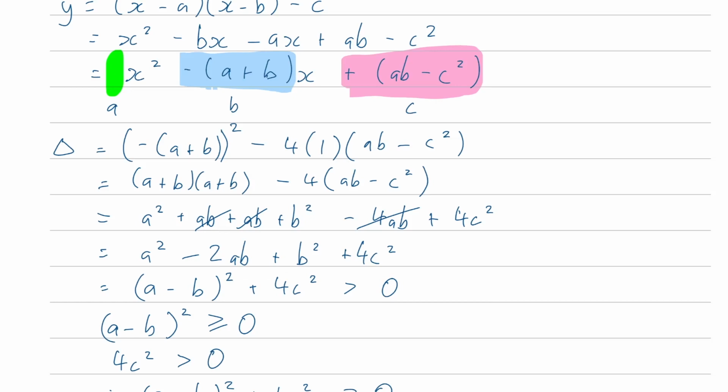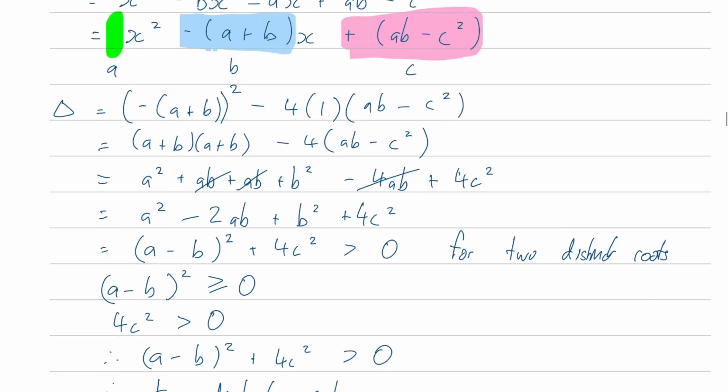And then we said that that discriminant expression must be greater than 0 for two distinct roots. And then we reasoned that each term, well, the a minus b squared is greater than or equal to 0, and then the 4c squared is greater than 0, as c cannot be equal to 0, as specified in the problem, hence two distinct roots.